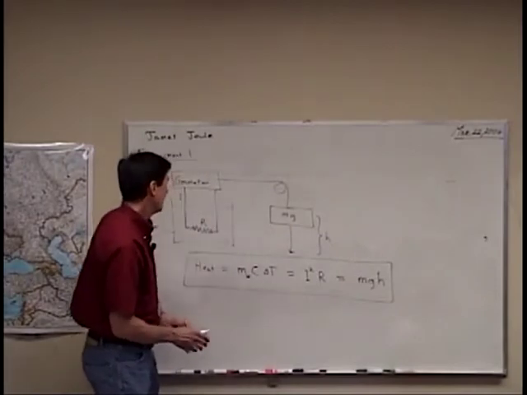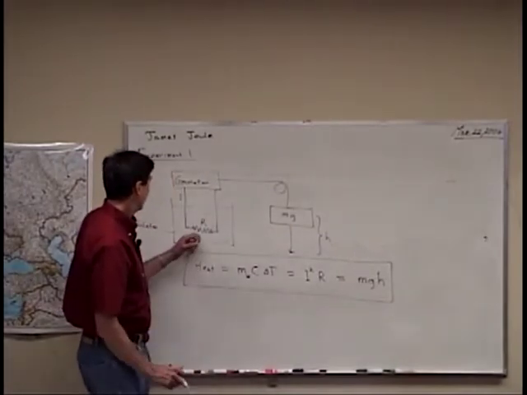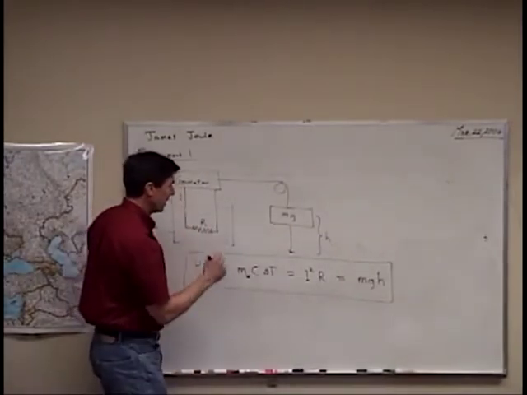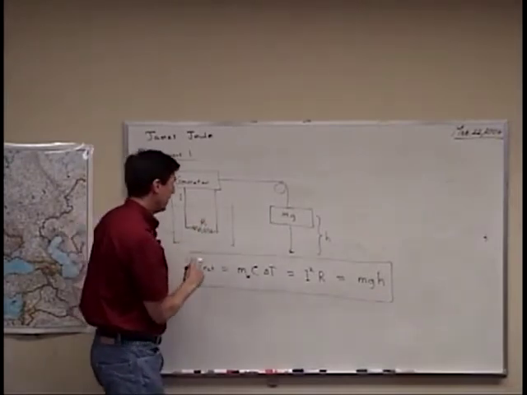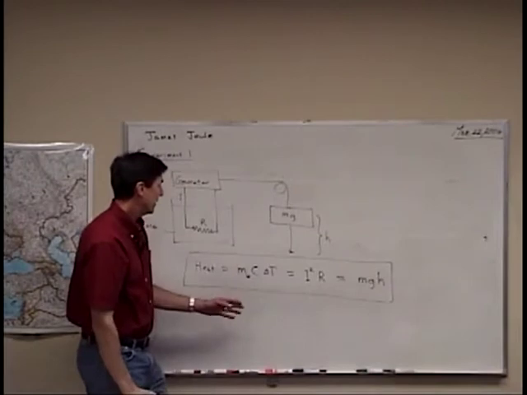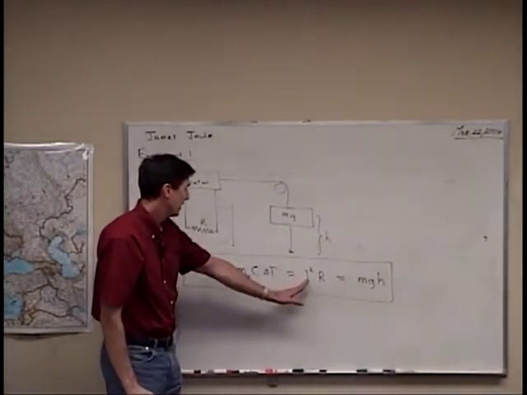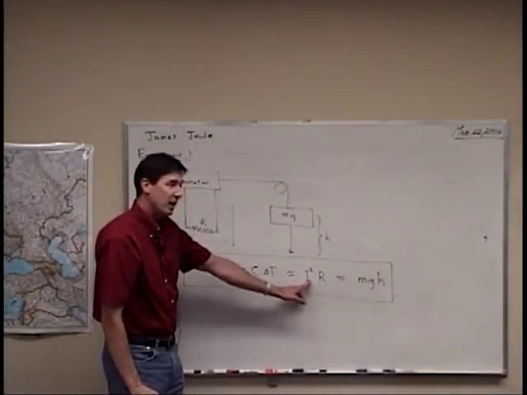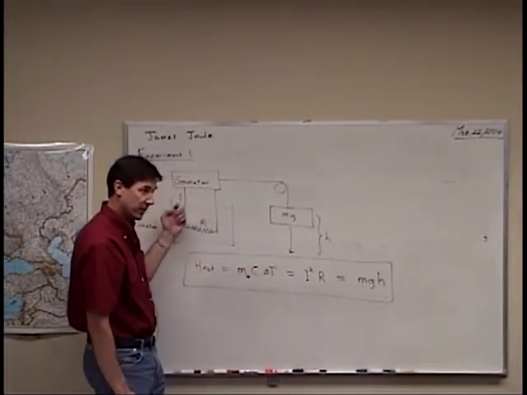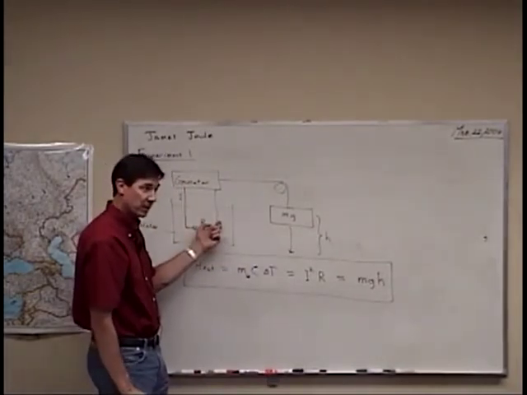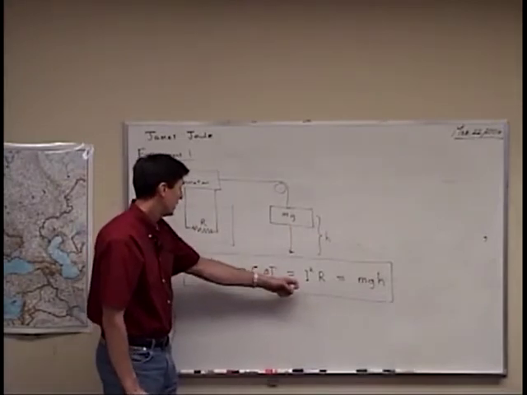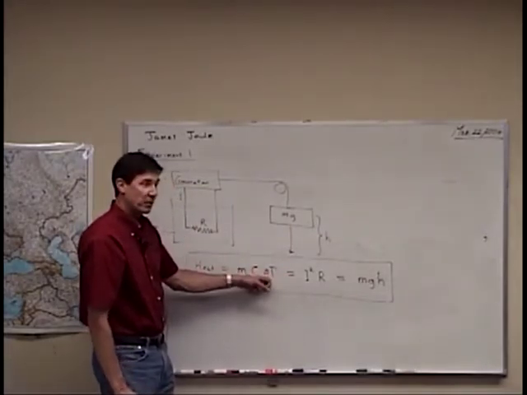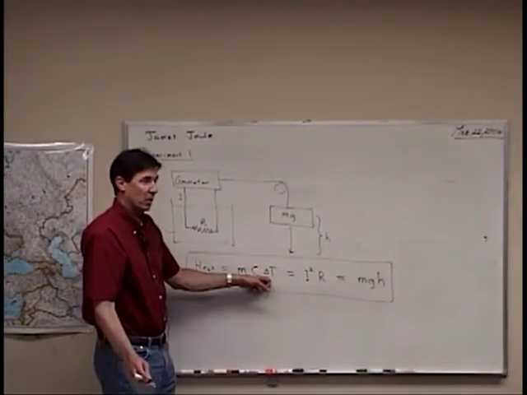So what I mean is that Joule is generating a current here. And he finds that if he doubles the current, say, that's in this wire, okay, then the amount of temperature increase will go up by a factor of 4.